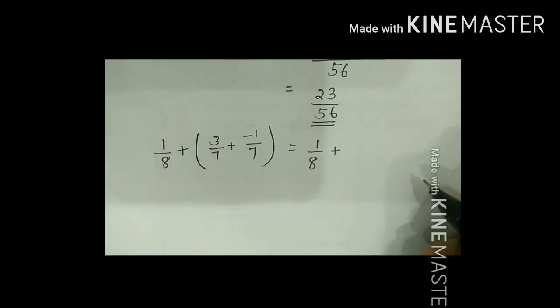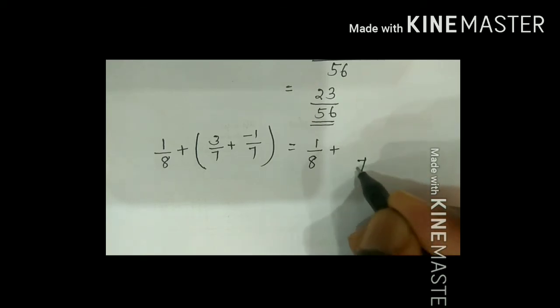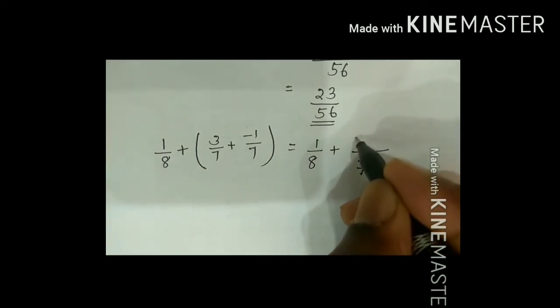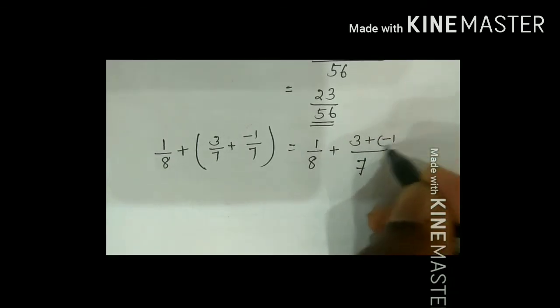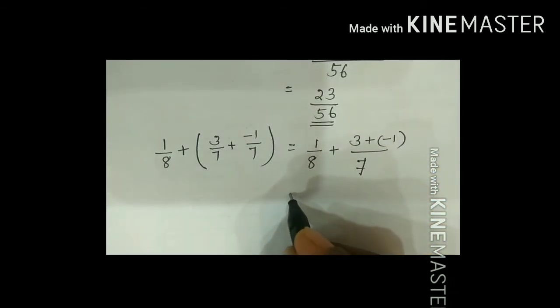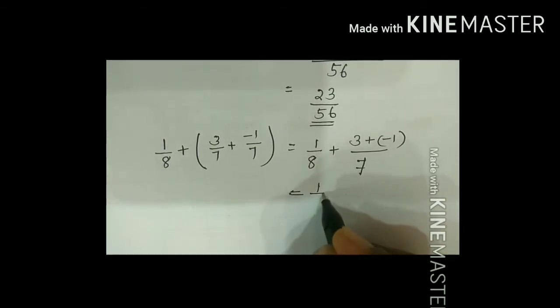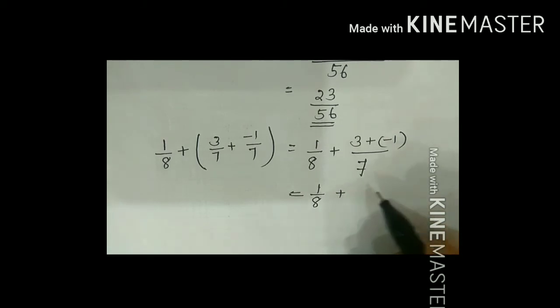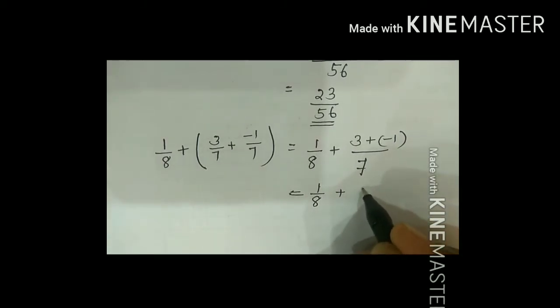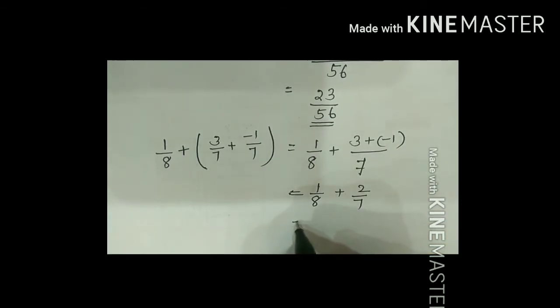The denominators are 7 and 7, so the same denominator 7. Numerator will be 3 plus minus 1, which is equal to 2 by 7. Now we have got the result, which is 2 by 7.